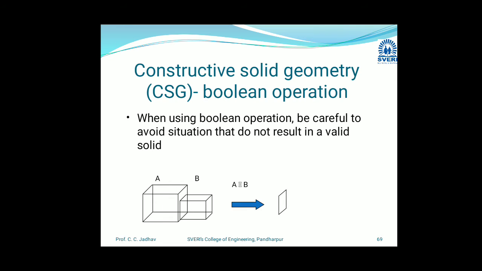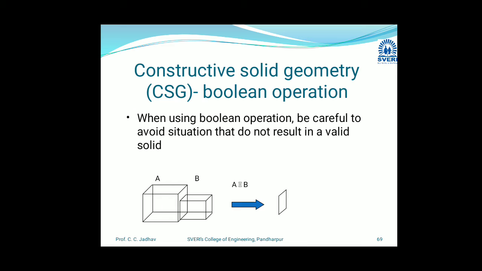Next, when using boolean operations, be careful to avoid situations that do not result in a valid solid. We have to take care during boolean operations regarding material addition, material removal and intersection, and regarding joining the surface faces.